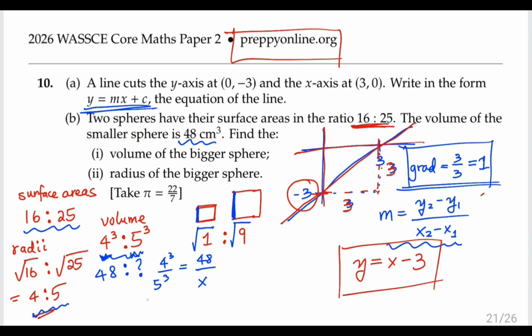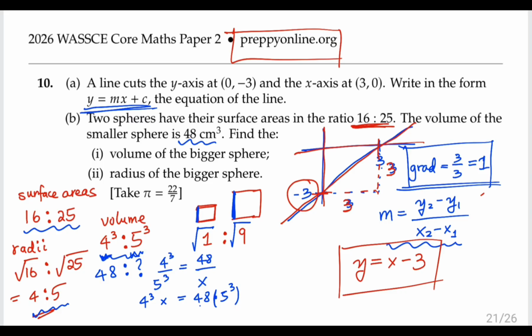So when you cross multiply, you will get 4 cubed times x is equal to 48 times 5 cubed. Let me just write that in brackets. All right, so x is now 48 times 5 cubed over 4 cubed, and we can punch that into our calculator.